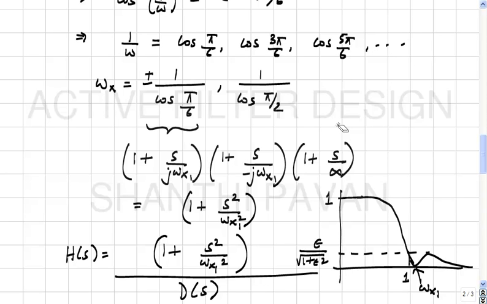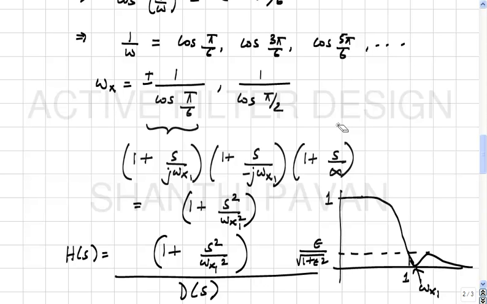So we've seen three examples so far. One, Butterworth, where there is no ripple at all either in the pass band or in the stop band. The Chebyshev, where there is ripple in the pass band and no ripple in the stop band, or what is called a monotonic stop band. And then in the third example, there is no ripple in the pass band, but there is ripple in the stop band.